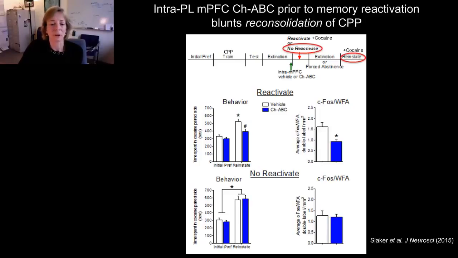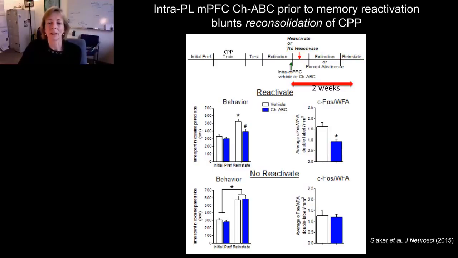And that group is shown here. So when we don't reactivate the memory, we see no changes in the responses for behavior. So they condition place preference just fine. And we see no differences in the CPOS activation. So it appears then that giving or removing NETs, even after training, can prevent the maintenance of those memories.